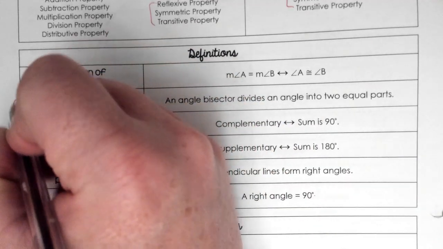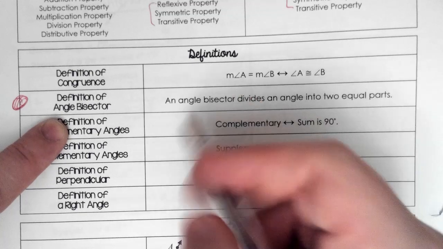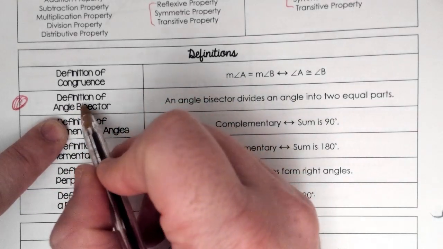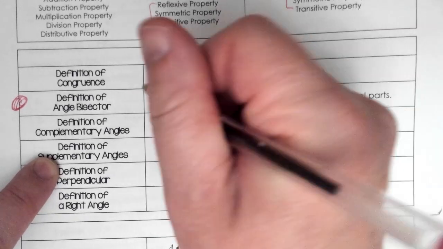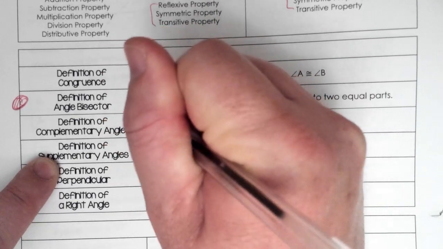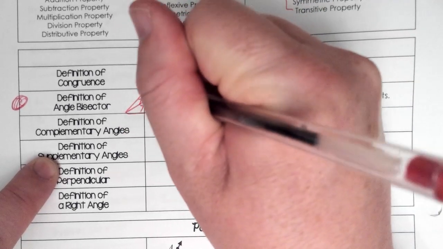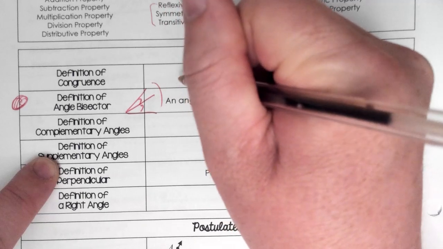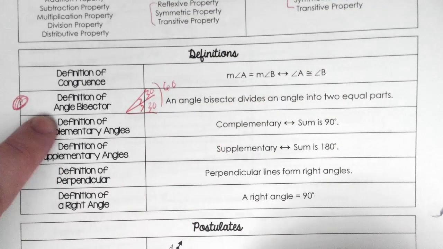Okay, that's something new. So that's when two things got cut by an angle bisector. So it cut the angle in half. So just in case you want the picture, if you cut this angle right here, this angle and this angle are equal. So if all of this was, let's say 60, then this would be 30 and this would be 30. So that's the angle bisector.